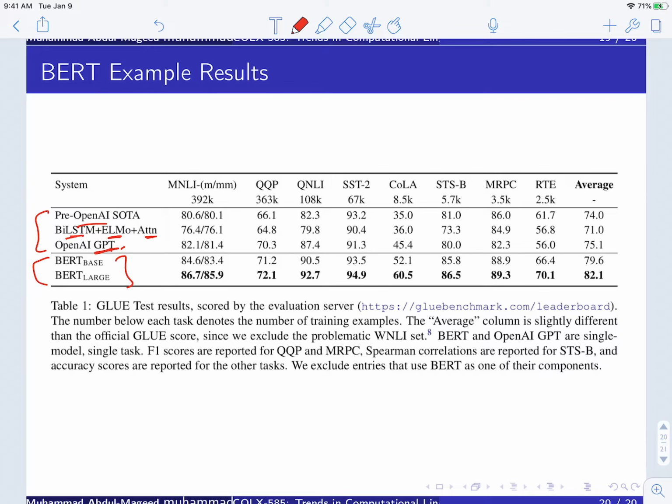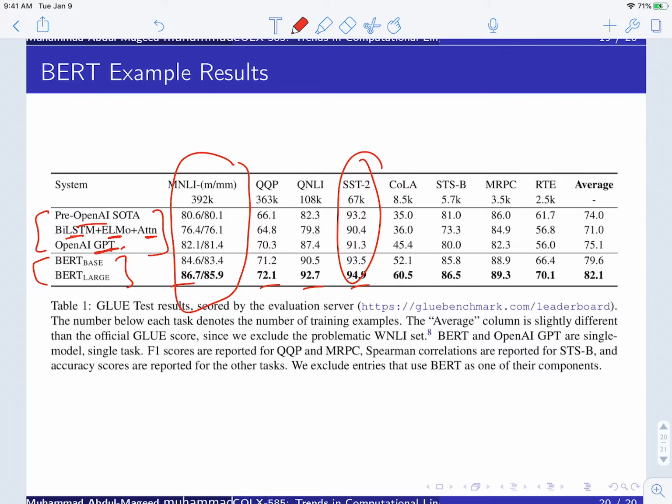They compare the two Bert models to all these models, and they show that Bert is consistently better on all the tasks, really. And these are multiple tasks. I'm not going to talk about what exactly these tasks are, but you can get a task like natural language inference, or something like sentiment analysis, for example, and so on.